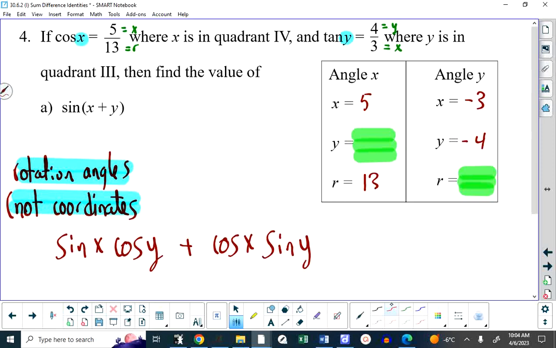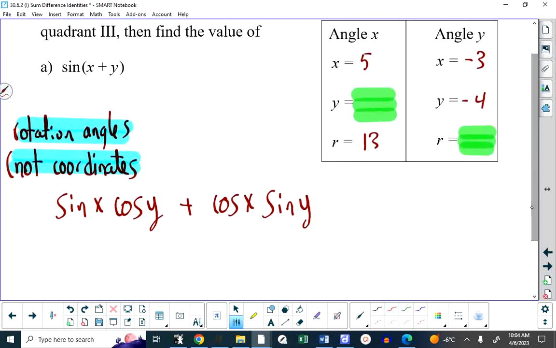And I'm about to write some stuff down that I don't know that you need to write down, but you might. This is y over r for angle x. This is x over r for angle y.